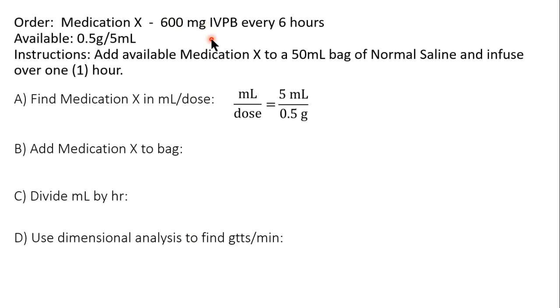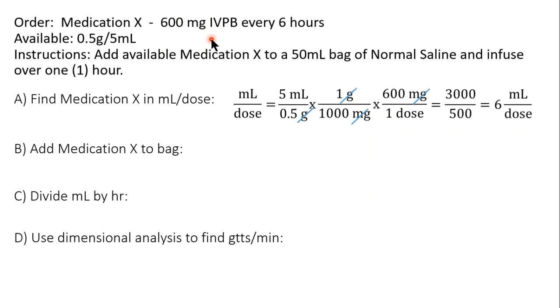So that means that we have to use the conversion ratio. So times 1 gram over 1,000 milligrams times 600 milligrams per dose. The grams and the milligrams cross out. And so we multiply the top 5 times 600 over 0.5 times 1,000, which is 3,000 over 500, which gives us 6 milliliters per dose.